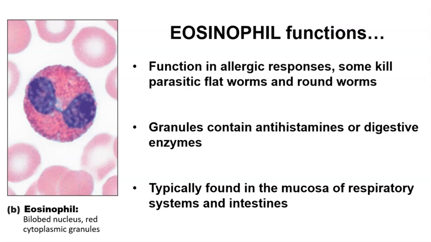Some of the eosinophils will function in allergic responses, and some of them function to kill parasitic flatworms or roundworms. These types of worms will usually enter the body through the skin, through the respiratory system, so that is the worm eggs or the worm larvae have been inhaled, or they can also enter through the digestive system where they have been consumed with food.